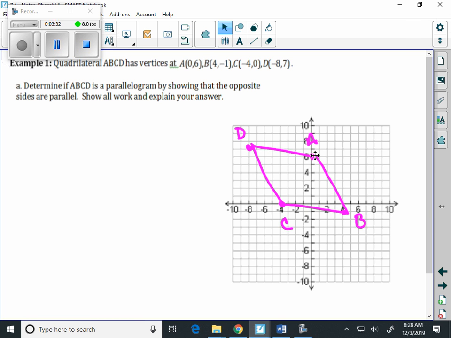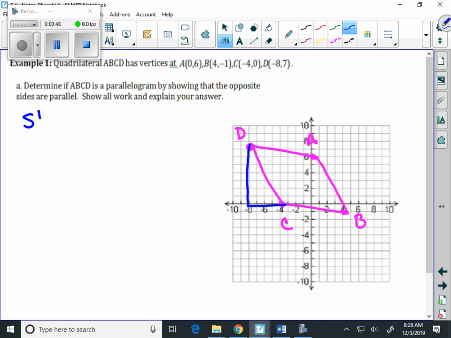And now that we've got the picture, again, what we want to show is that opposite sides are parallel. So when we're talking about parallel, we're talking about slopes, we're talking about rise over run. So when we draw our picture here, we're going to look at the slope of DC.